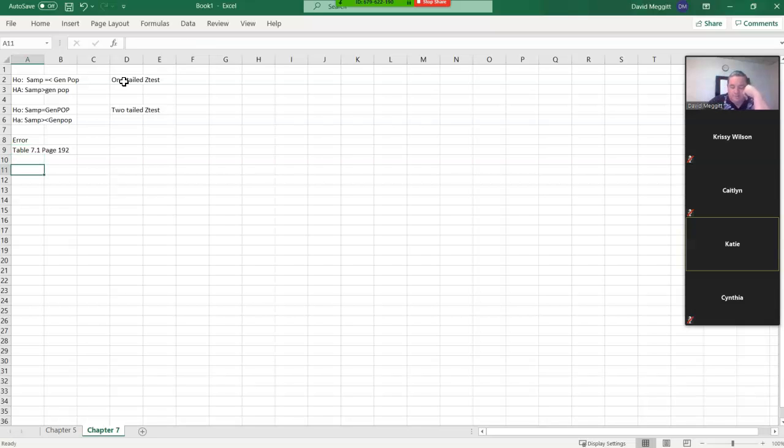Now, the assumption of this table is that the truth is actually known, okay? But there's actually a truth out there. We don't know it because we're experimenters and we're trying to find that truth.